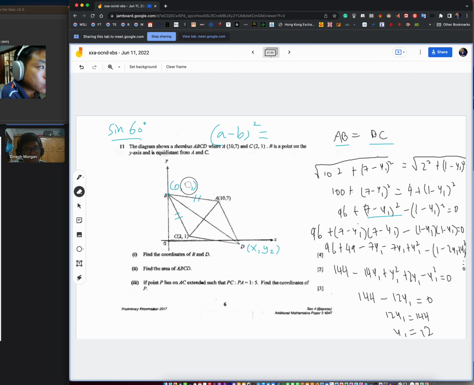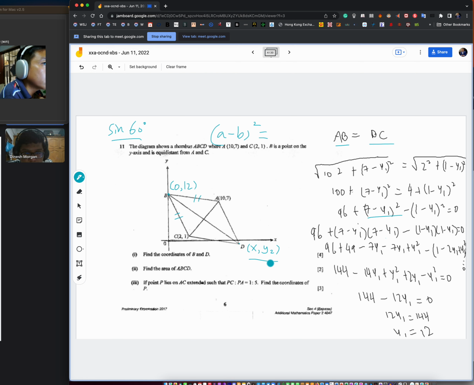So this is 12. And how do you find this? How do you find the d? Theorem. Yep, the midpoint theorem.